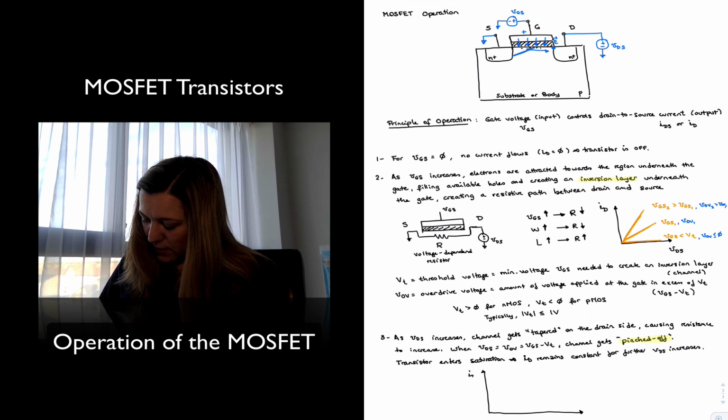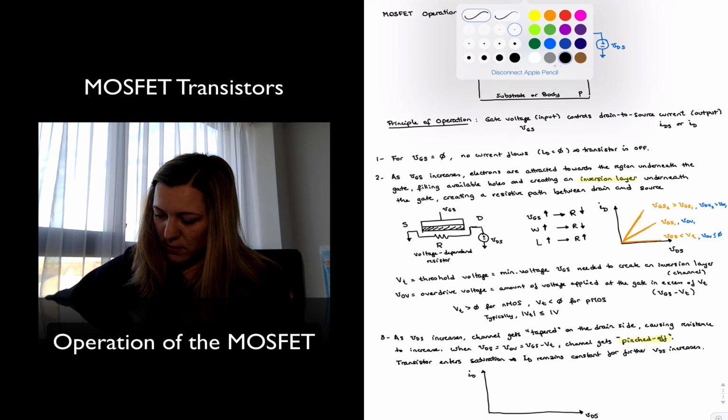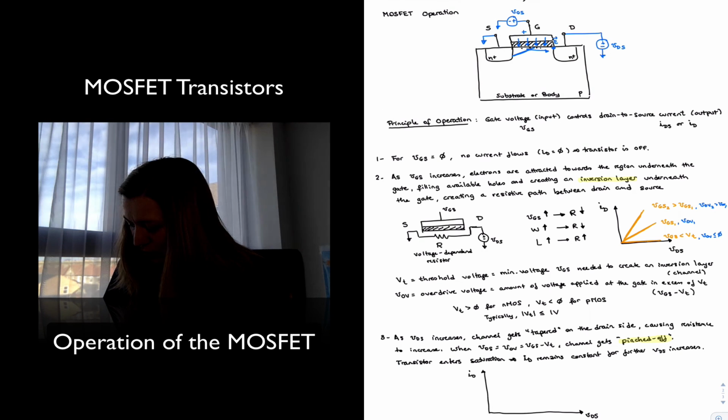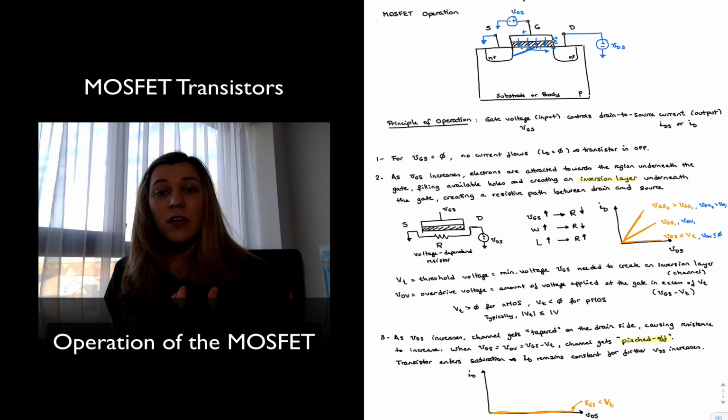This is my ID. This is my VDS. And again, there is going to be a certain value of VGS for which there is zero current, and that corresponds to VGS being less than the threshold voltage, the voltage required to create the inversion layer or create a channel.